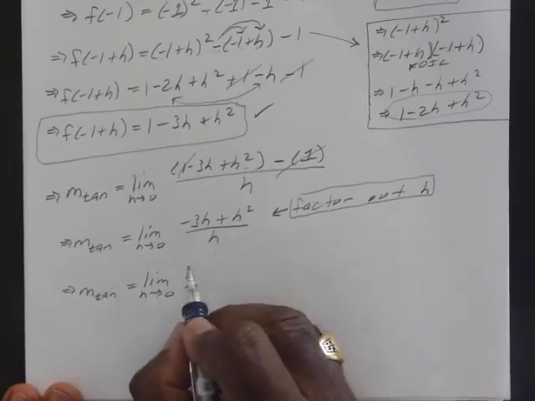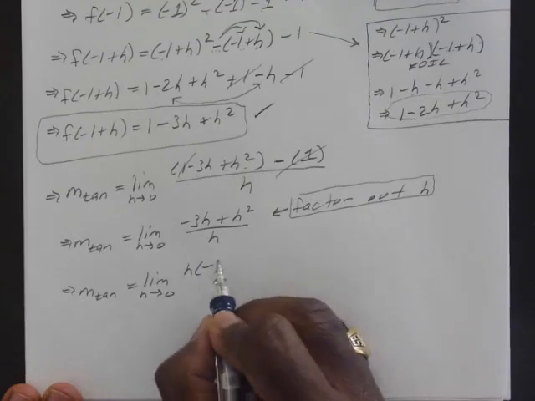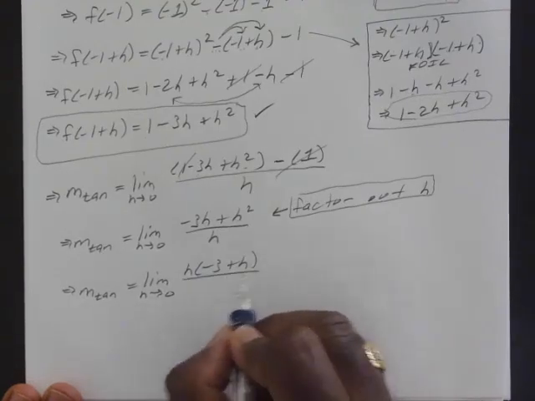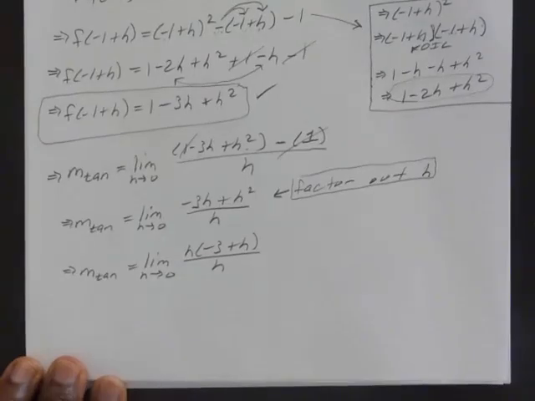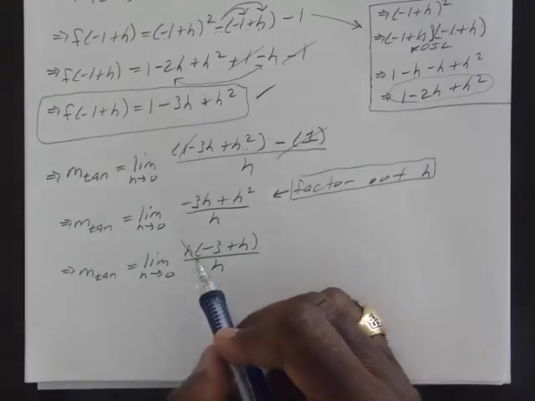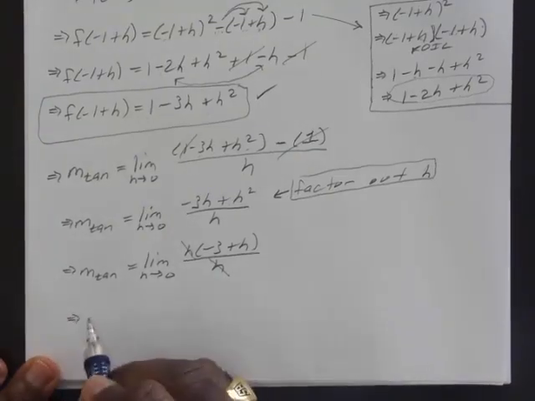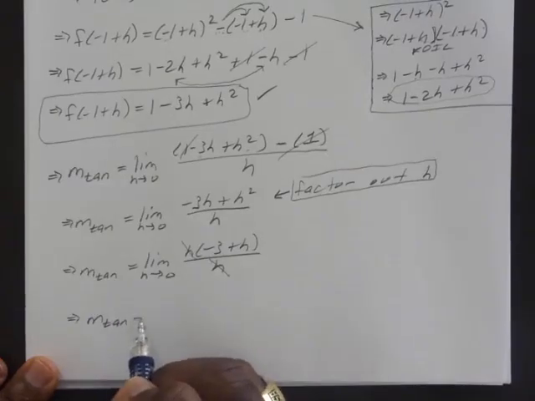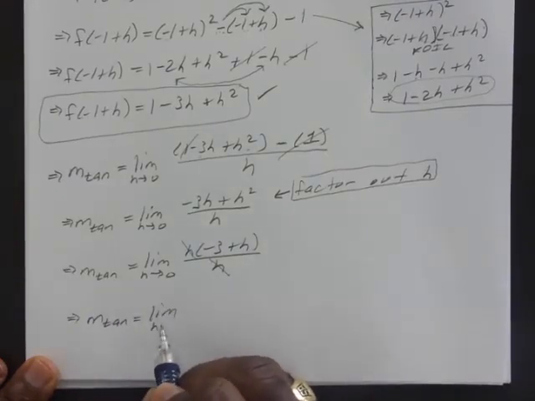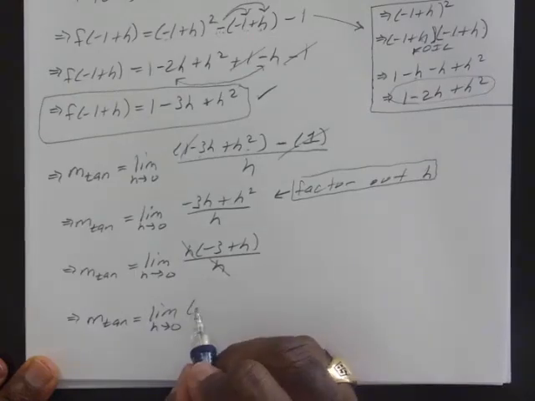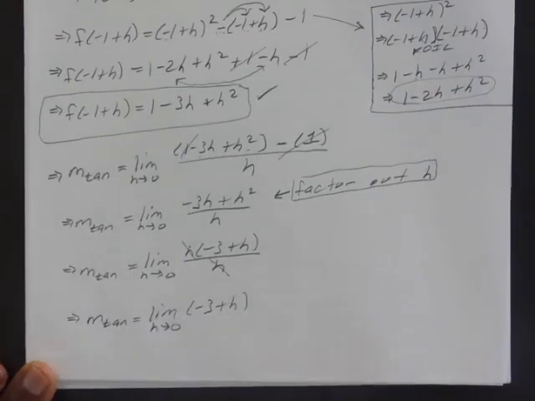We factor out an h. That gives us negative 3 plus h divided by h. Where anything divided by itself is 1, so those two cancel each other out. So that leaves us with the limit as h approaches 0 of negative 3 plus h.